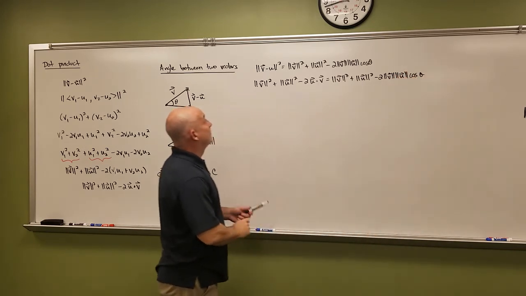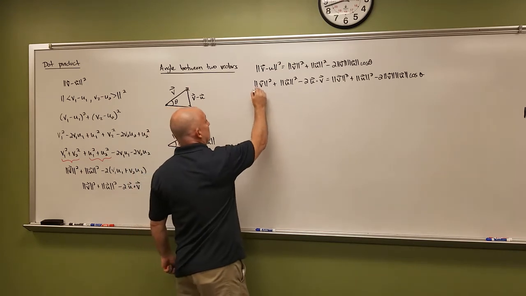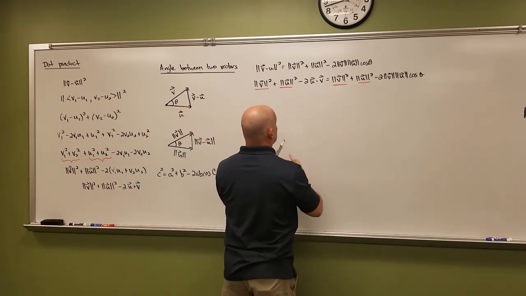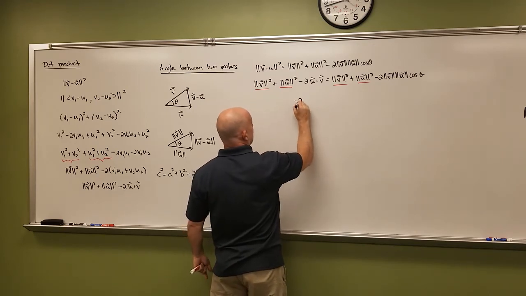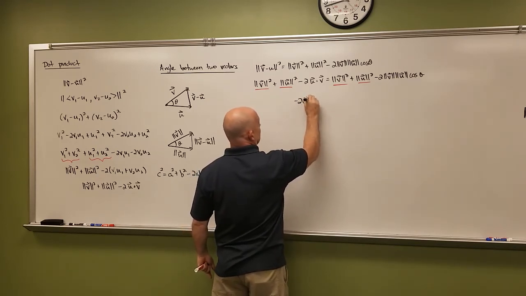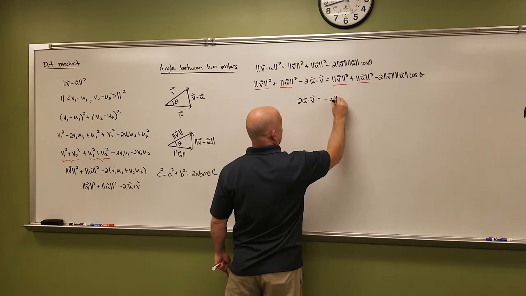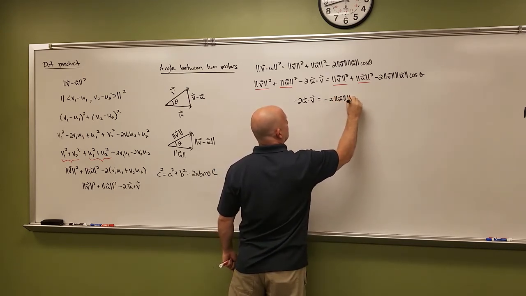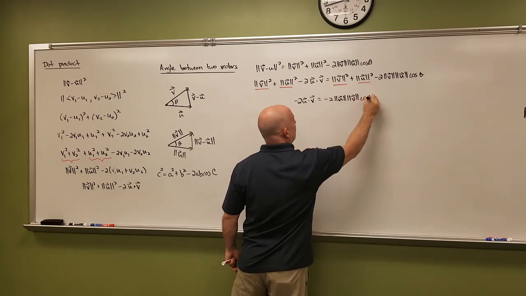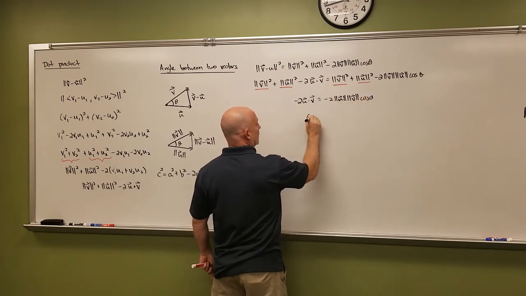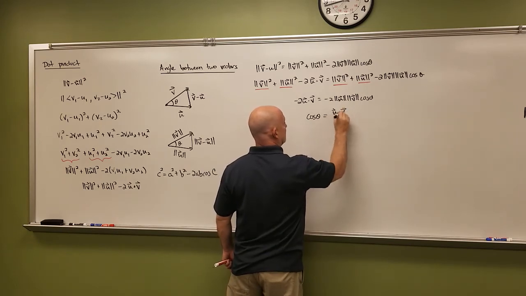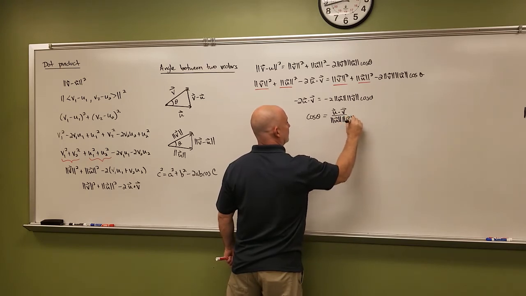All right, messy, but since these are on both sides, they're going to reduce, and we get negative 2 u dot v is equal to negative 2 magnitude, it doesn't matter, u magnitude v times the cosine of our angle. Or solving real quick, you can see that the cosine of the angle is u dot v over the magnitude of u, magnitude of v.